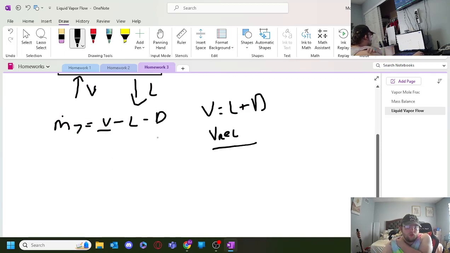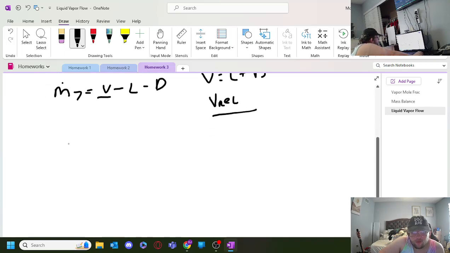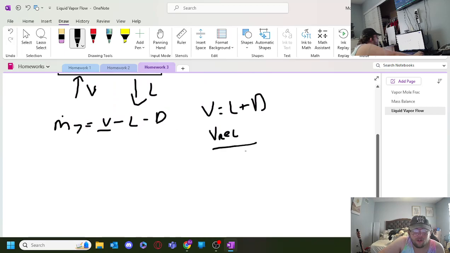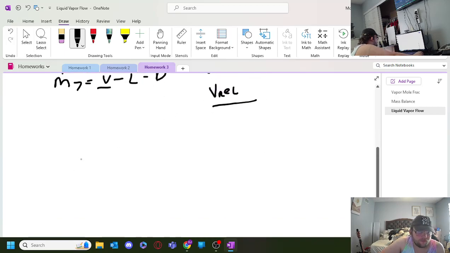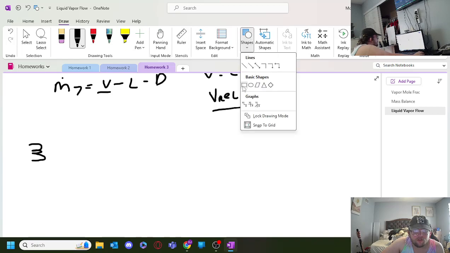So what that means is we're also going to have a second vapor flow rate for the flow rates below the feed stage. So for example, down here at the reboiler, draw that there.